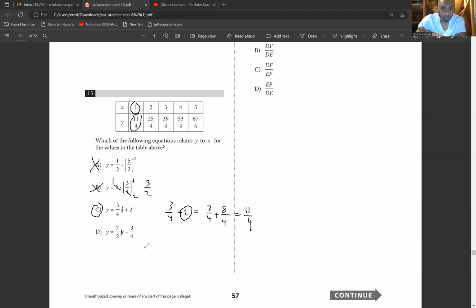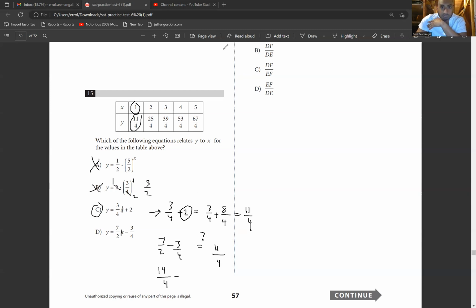If we plug in 1 right there, what's 7/2 minus 3/4? Is that 11/4? What's this right here? 14/4. 14/4 minus 3/4 is 11/4. Okay, so C and D give you 11/4, right? Okay, so it looks like C and D.